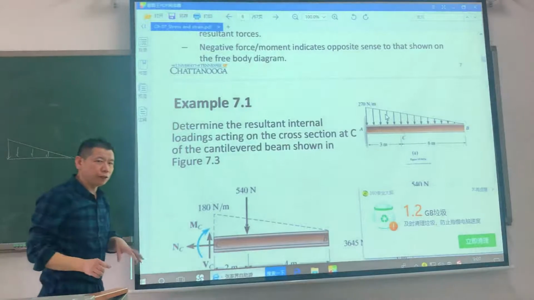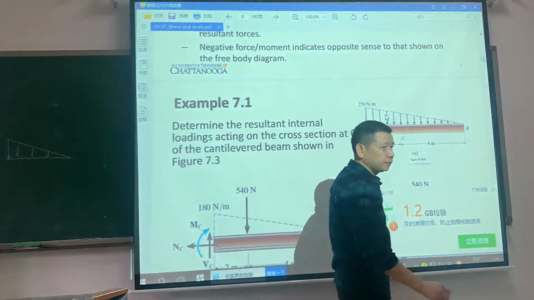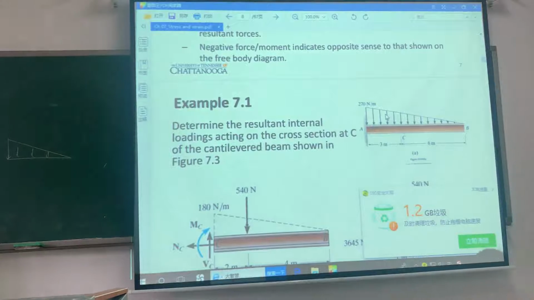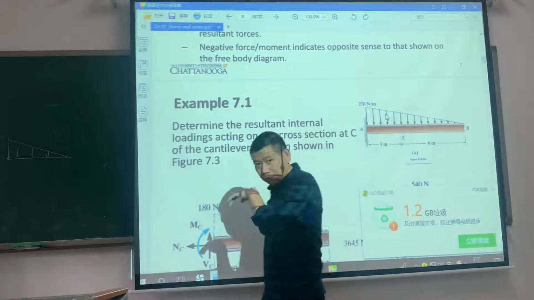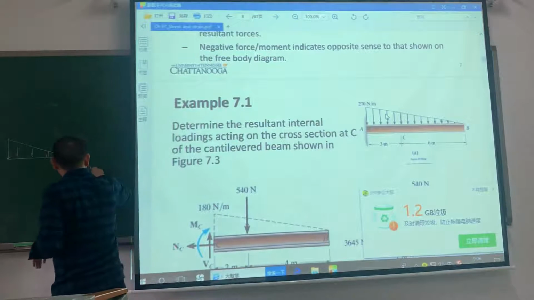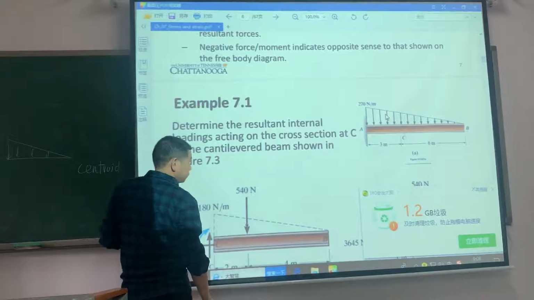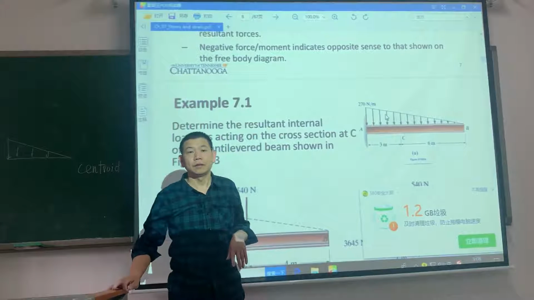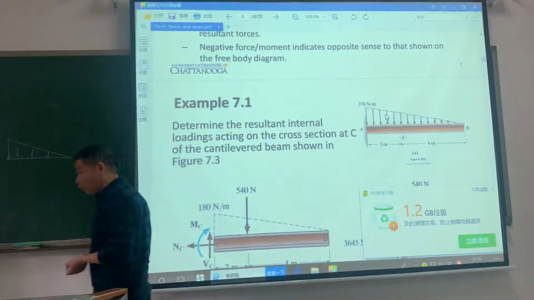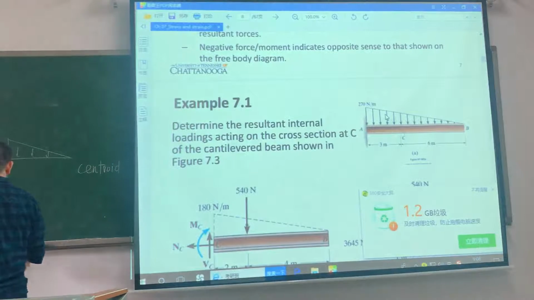Do you know how to find the centroid of a triangle? For a circle, where is the centroid?